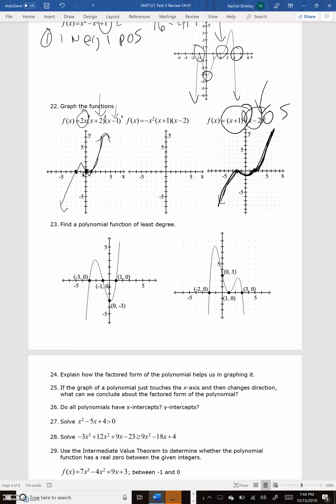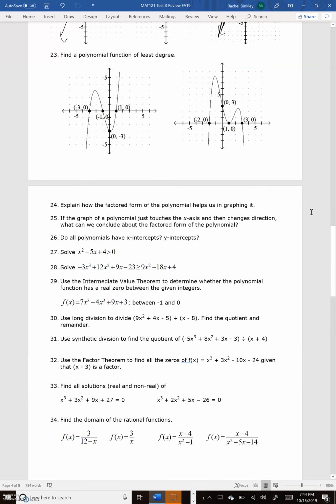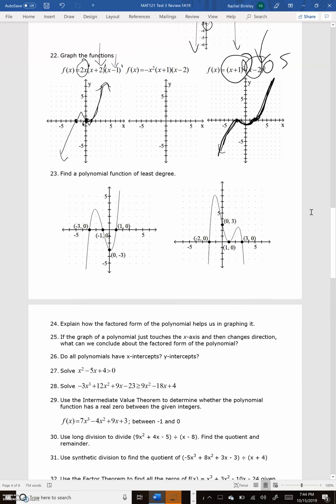What's next? 23. Find a polynomial function of least degree. Okay, so let's do one. So how about we do this one? So this has 3 terms. So the least degree polynomial we're going to have is x to the 4th, right?